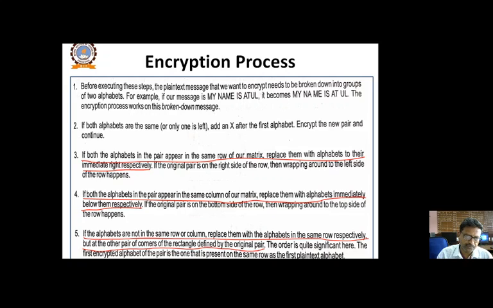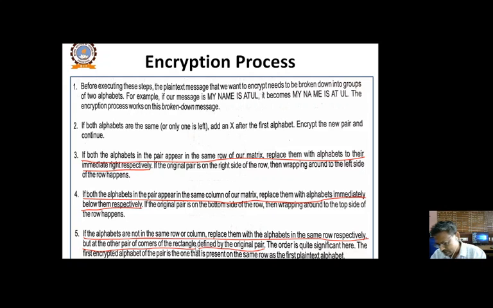Let us understand it one more time. If the alphabets are not in the same row and column, it means they are lying in a different row and a different column. Then what does it mean? Replace them with the alphabet in the same row respectively, but at the other pair of corners of the rectangle defined by the original pair.